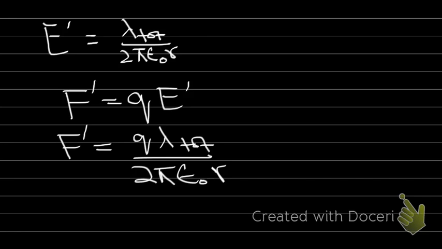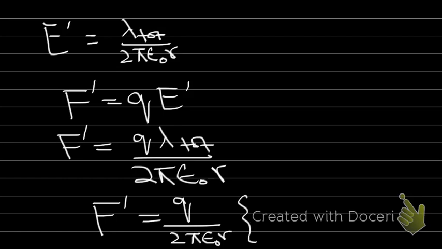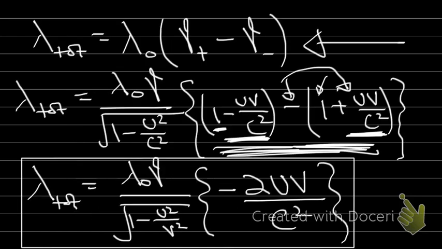Very nice. Okay, now all you have to do is substitute the value of total charge density, and so you would get the force experienced by the moving charge Q. So Q over 2 pi epsilon naught R times negative, all I'm doing here is substituting the value of this total charge density. Let me go back and show you that.